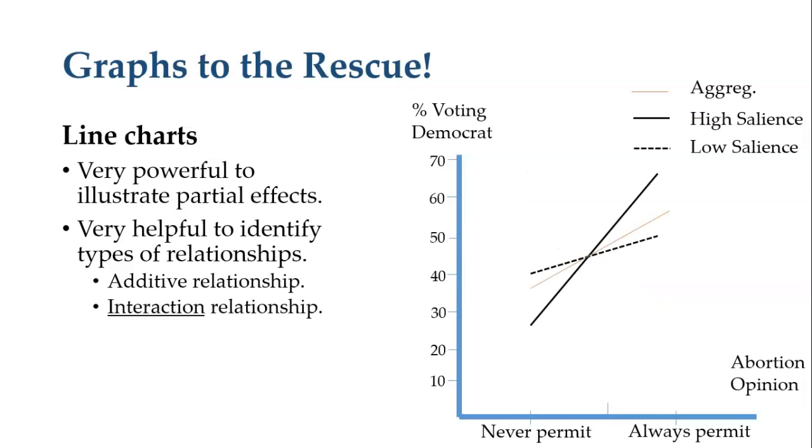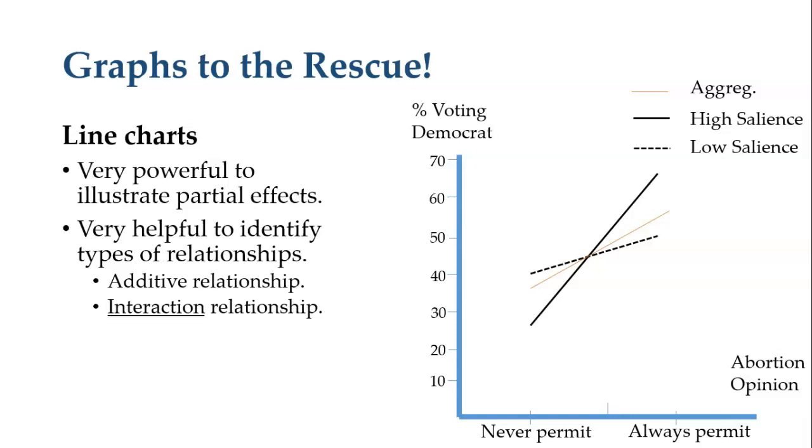Okay, this is an example of an interaction relationship. Let's see this example. This is basically the relationship between abortion opinion and party ID. It's like the opposite.